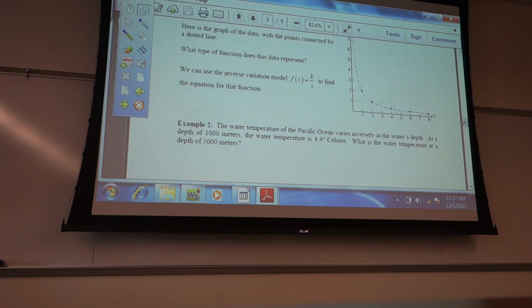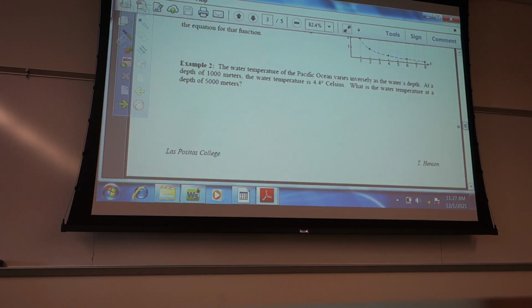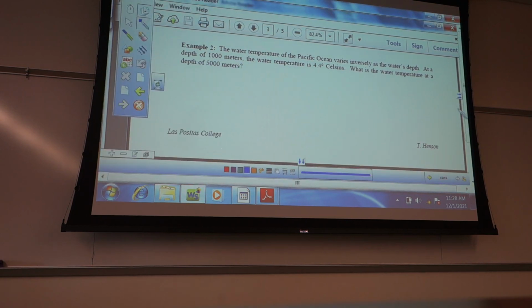So we'll take a look at the examples. Here's the example. We'll do the inverse variation first. I'm just going to review it with you. We did it already. So here, what is the water temperature? First, find the two things that vary in the problem. In this case, it's going to be water temperature and the depth in meters. And since I have this, what is the water temperature, I'm going to make water temperature my y.